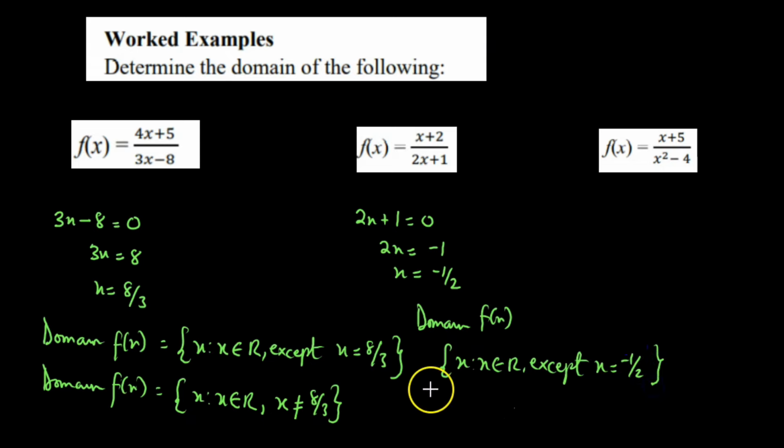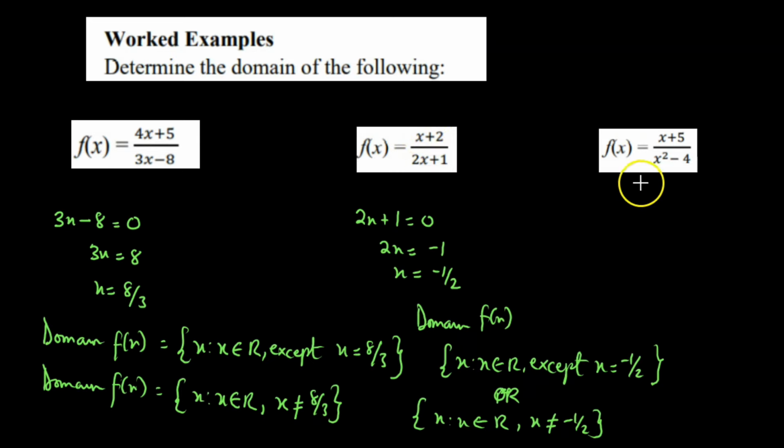Then you close the curly bracket, or you can say that x is such that x is a member of R, but x must not be equal to negative 1 on 2. Because when you substitute negative 1 on 2 into this function, the denominator will give us 0, and therefore it will make the function not exist.